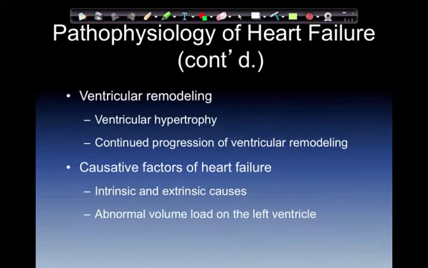Ventricular remodeling. Now, the heart is a muscle. So whenever we start talking about ventricular hypertrophy, it means exactly what it says. The heart, due to its increased workload, has had to get a little bigger. Well, it only has so much real estate to live inside the chest. So what we generally get from ventricular hypertrophy, or an enlargement of the heart, cardiomegaly, if you will, is the heart becomes larger to a certain point, but it kind of grows inside.